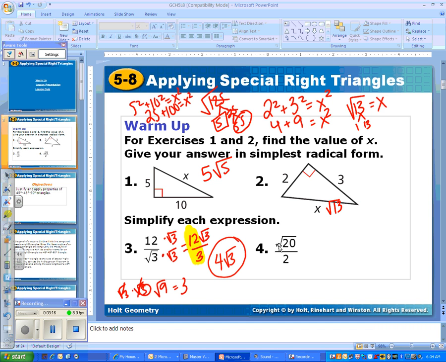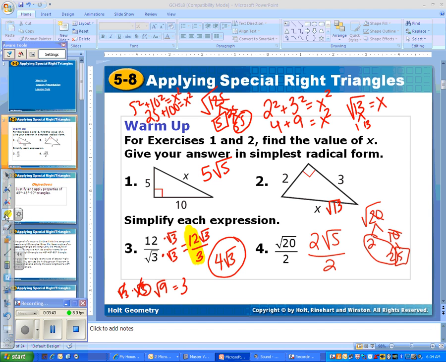Okay, number 4. People are probably saying, well, wait, there's no radical on the bottom. This should be fine. Well, radical 20. Let's see if we can simplify radical 20. So 20 could be 2 and 10. 10 is 2 and 5. Just look at the prime numbers. And we have a pair of 2s that go out together as 1, and we have 1 loner that stays in. So this is radical 20 simplified.